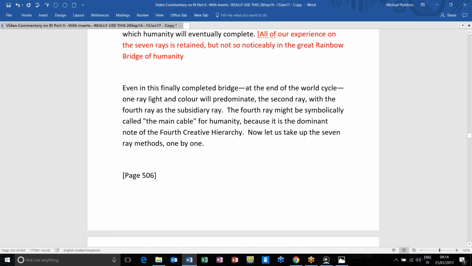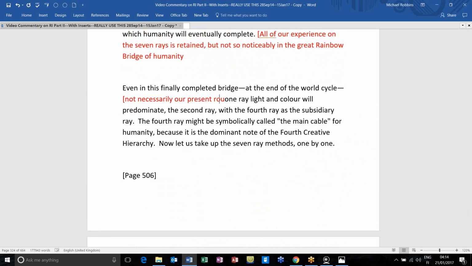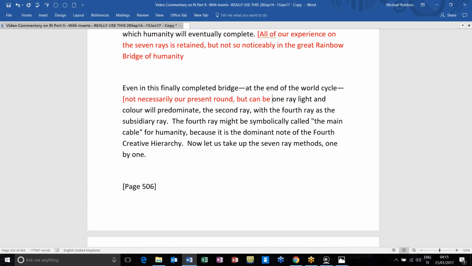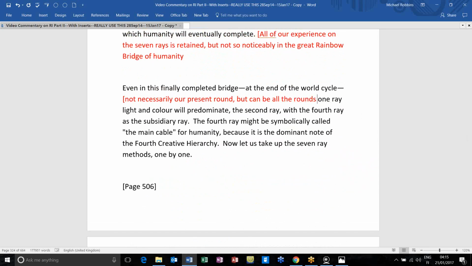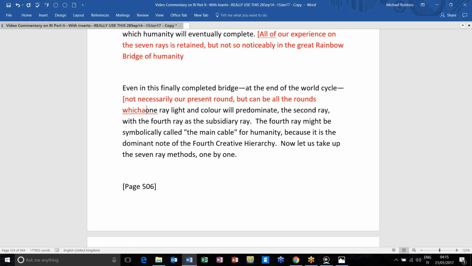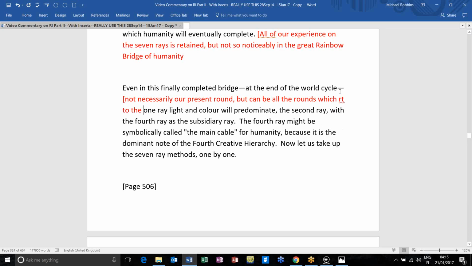Now, this is not necessarily our present round, but can be all the rounds which relate to the Earth chain.